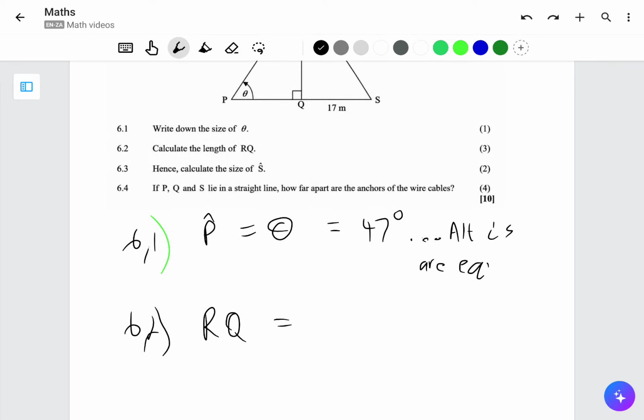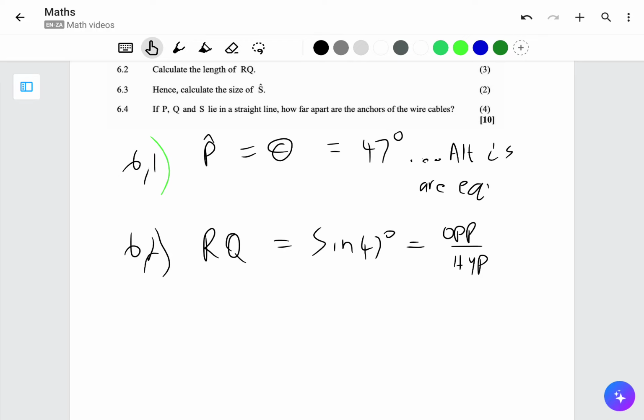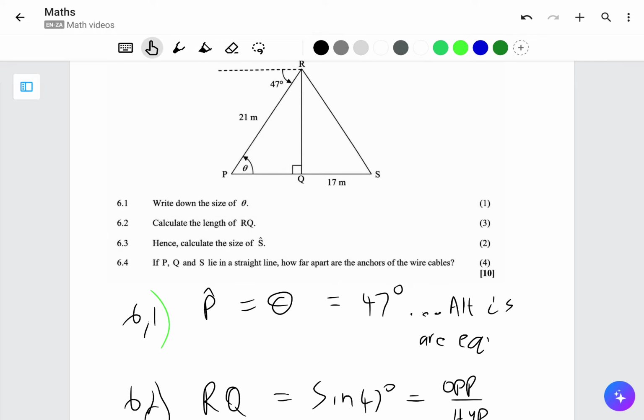So we can say sine of 47 degrees equals opposite over hypotenuse. So sine 47 degrees equals RQ over 21. Remember, the hypotenuse was 21 meters.